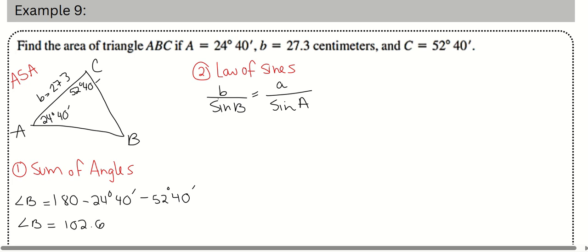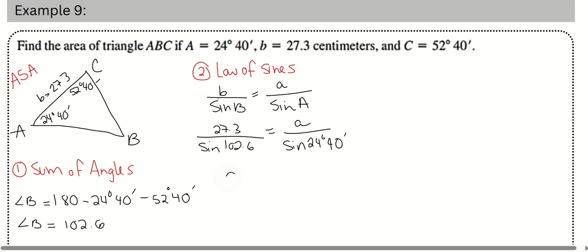So little b happened to be 27.3. Sine of b happened to be 102.6. Little a is what we're looking for. Sine of a is sine of 24 degrees and 40 minutes.